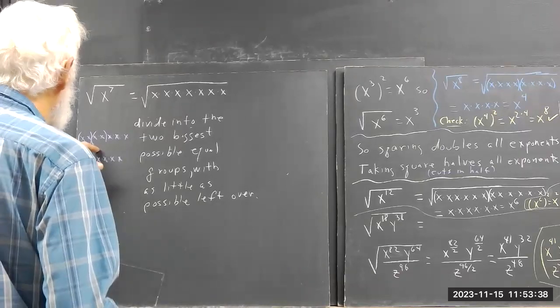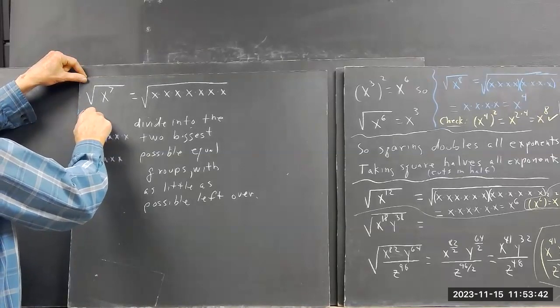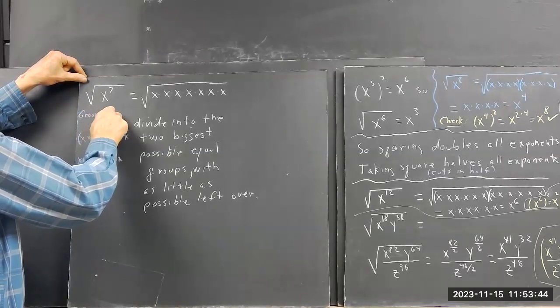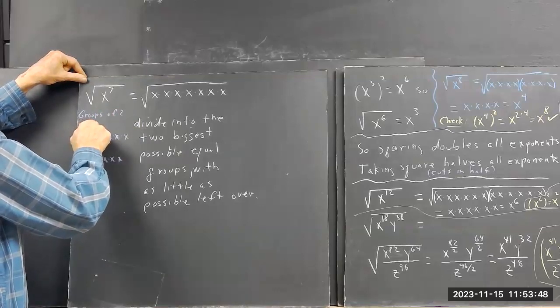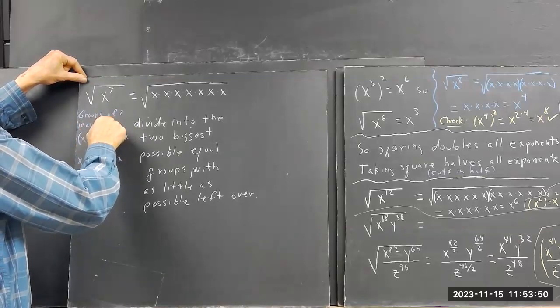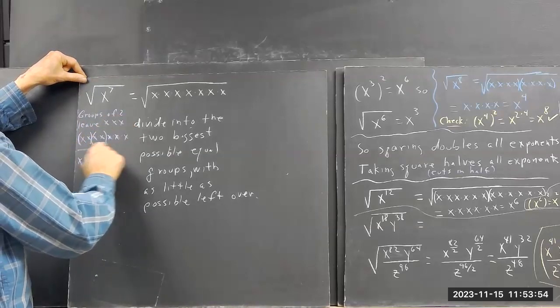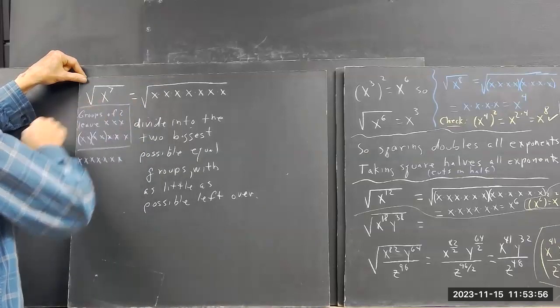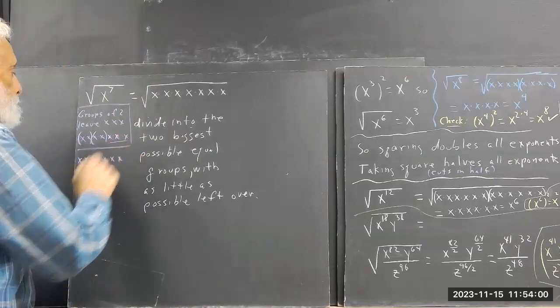Right here, a group of 2, leave x times x times x at the end.